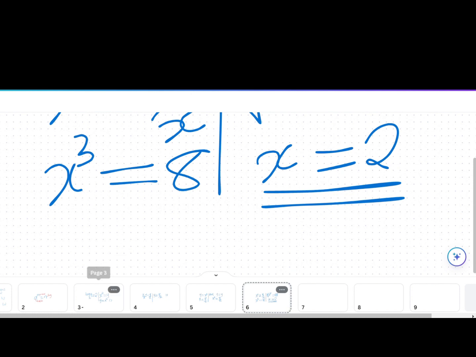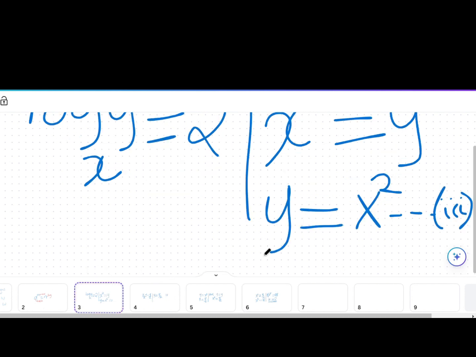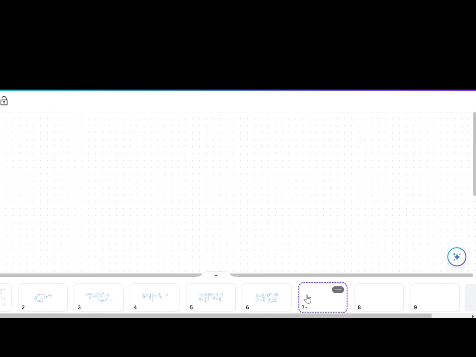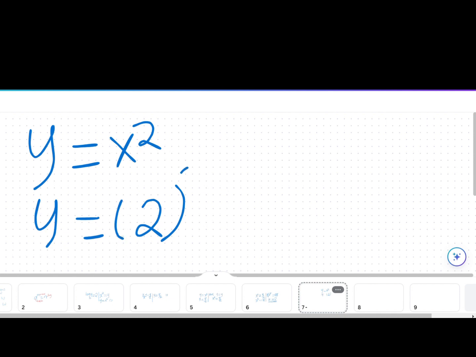We're going to find y. Remember, from equation 3, we said that y is equal to x squared. So from equation 3 and the value of x being 2, we say y is equal to x squared, and our x is 2, then y is equal to 2 squared, to give us the value of y to be 4.